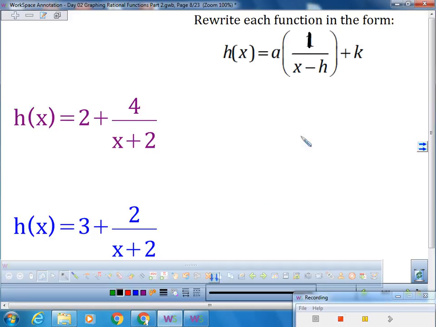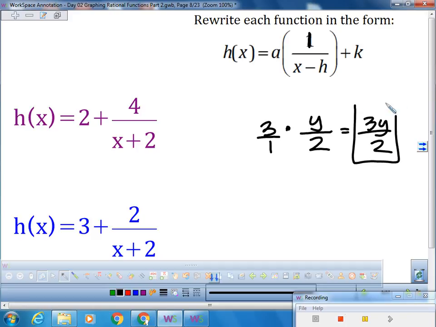What if I had 3 times y over 2? I could put a 1 over it and I could multiply straight across and I would have 3y over 2. So I'm going to do this in reverse. I'm going to go backwards.